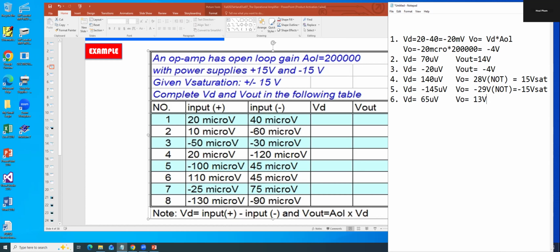In this example, they make it more simple. So that's why they give saturation almost the same as power supply. Not a big deal. Okay. Number 7.